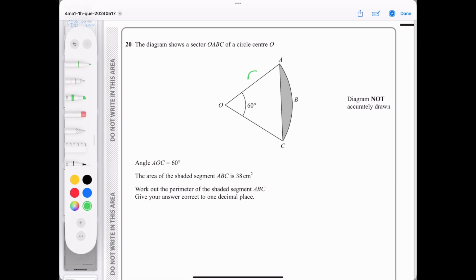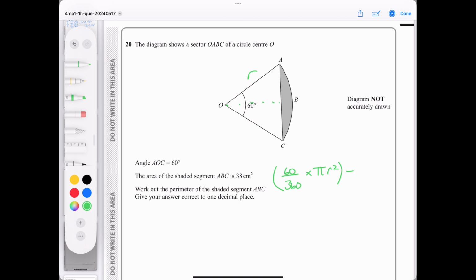That's our main problem. So we know that the segment would equal 60 over 360 times pi r squared, and then this would all be minus whatever this is. Oh God, that's actually quite hard. Now I'm assuming that's 60.